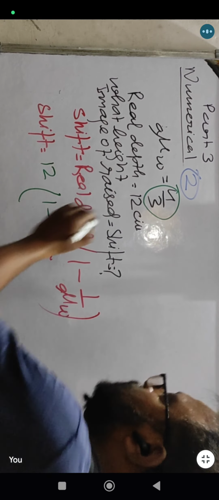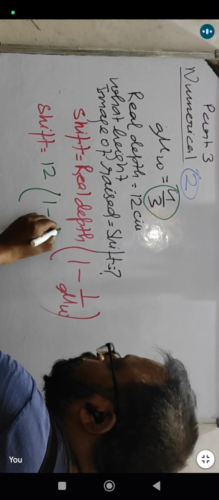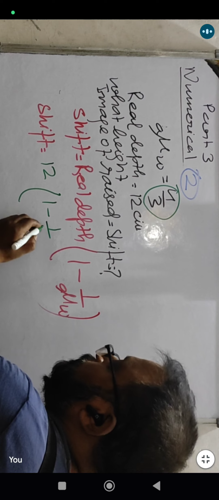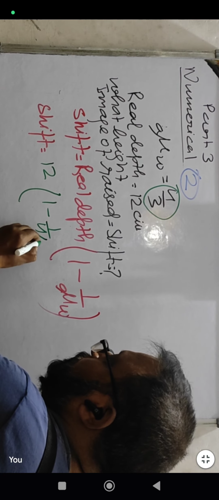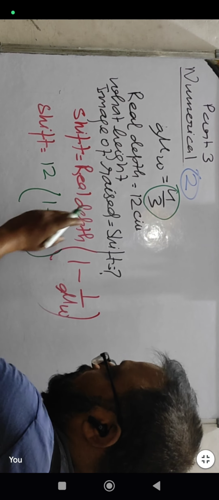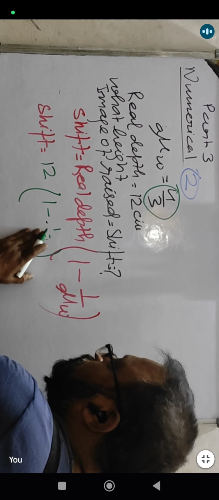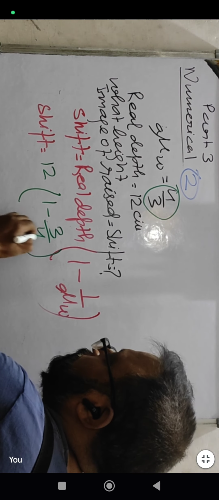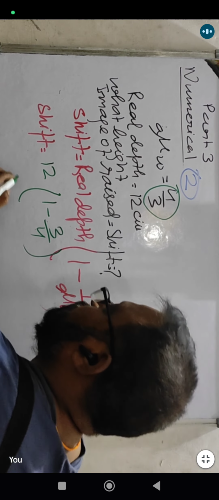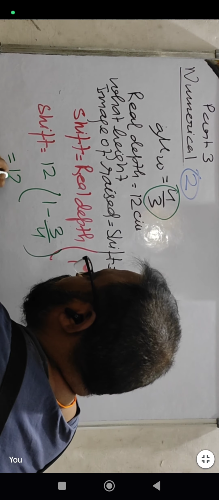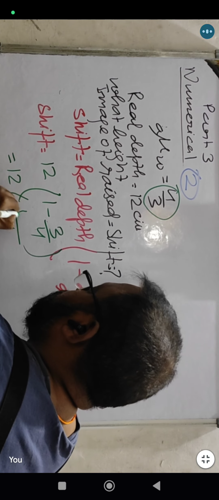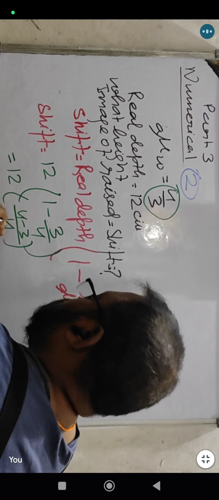This 4 by 3, when we write in the denominator, gets reciprocal and becomes 3 by 4. And when you take LCM, that is 4, it is 4 minus 3, right?